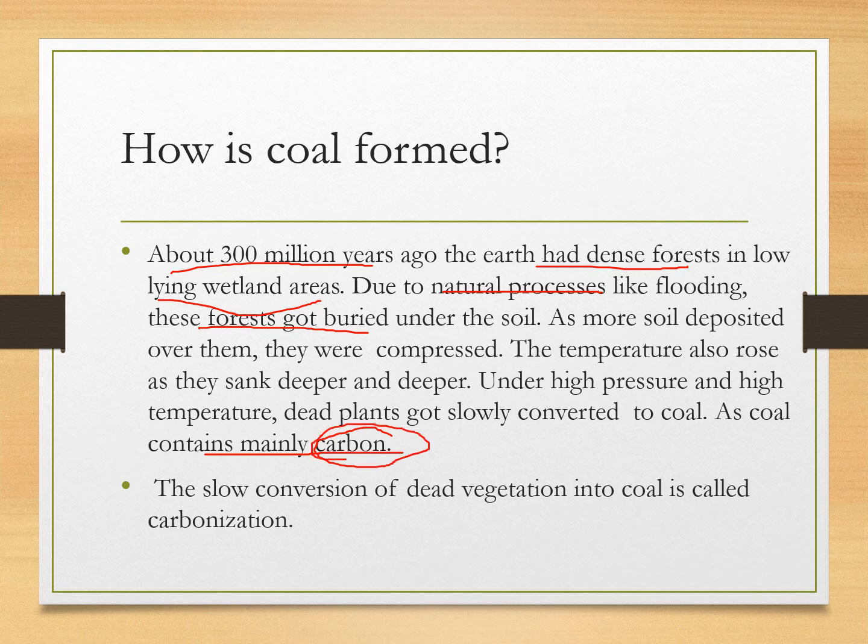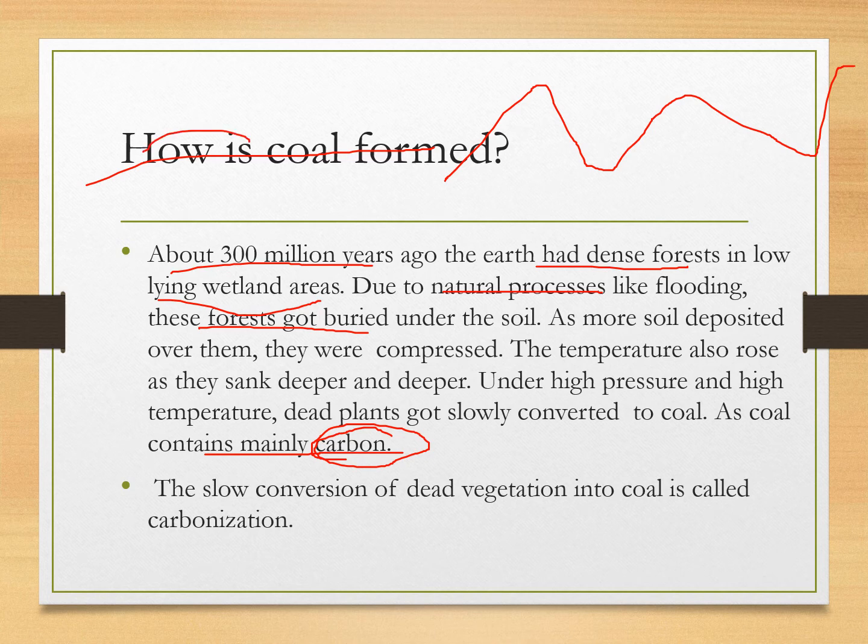So what does it say? Thousands, millions of years ago, our earth was not like this. Now you see a lot of mountains, but in the very beginning our earth had low-lying wetland areas. Then there were floods and earthquakes, and many plants and animals were buried due to the floods.